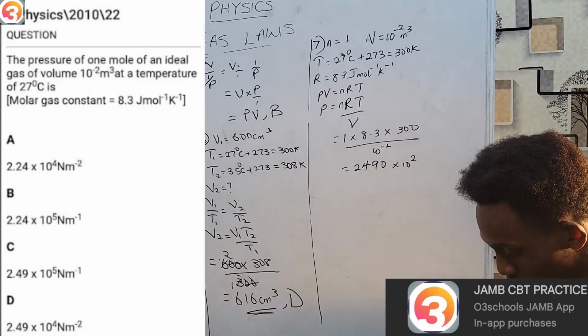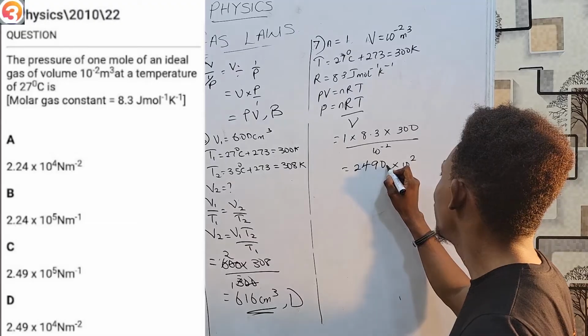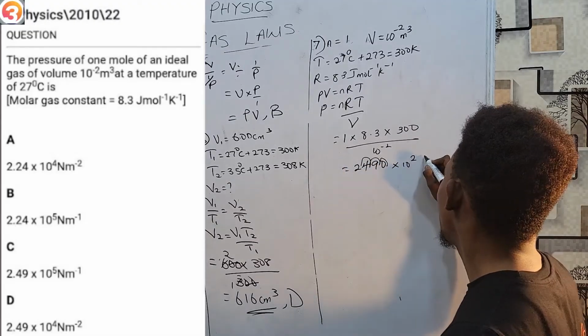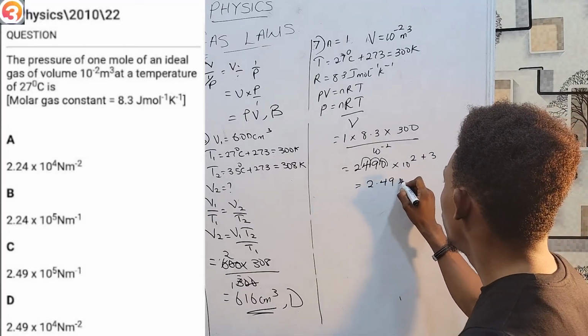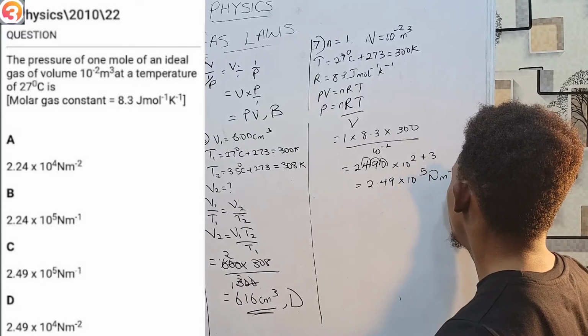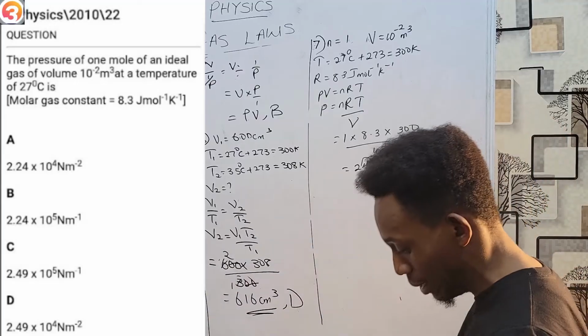Now if I look at my options again, they are in standard form. So how do I get this to standard form? The point from here is going to move 1, 2, 3. Because it's moving 3 times, I add 3 here. That's going to be 2.49 times 10 to the power 5 Newton per squared meter. And that is option C.